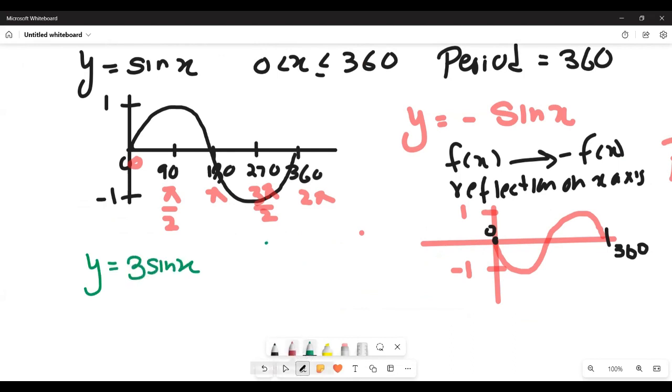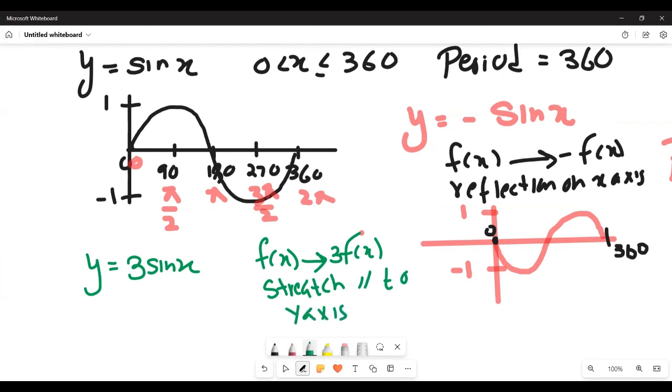If you remember when we were studying transformations, if f(x) changes into 3f(x), it's a stretch parallel to the y-axis with scale factor 3. Stretch parallel to the y-axis, and the scale factor is 3.